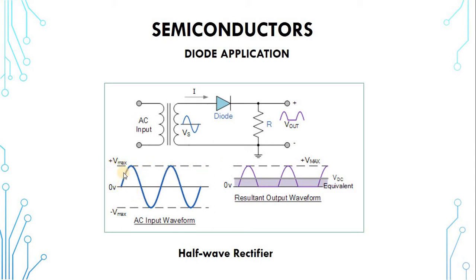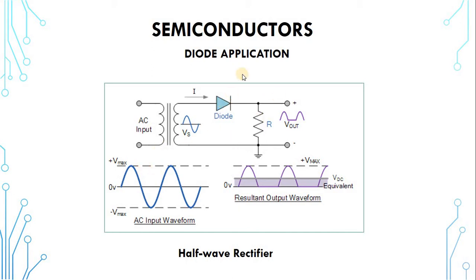It shouldn't start from 0, rise, drop, and change direction. So the idea of rectification is to convert, as much as possible, this alternating nature of the current to a direct current. That's what we are going to use the diode for. We'll see how the diode can be used to achieve that. Of course, it may not solely depend on the diode, but the diode does the major work.